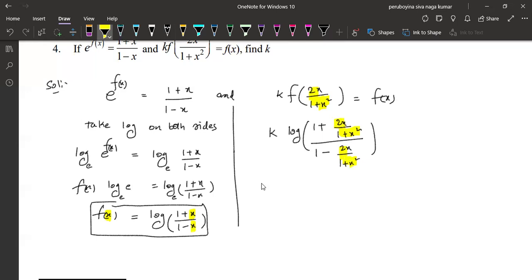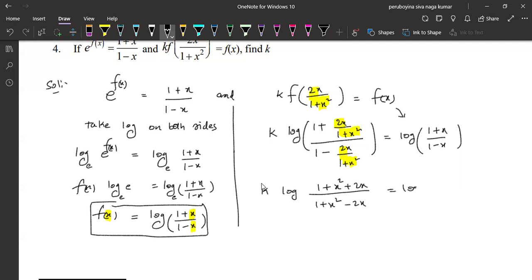So this entire input we should write in place of x. And on the other hand, it is f of x, which by the direct definition is log of 1 plus x by 1 minus x. Now k times log of, if you perform simple LCM, 1 plus x square plus 2x, and the denominators got cancelled, 1 plus x square minus 2x is equal to log of 1 plus x by 1 minus x.